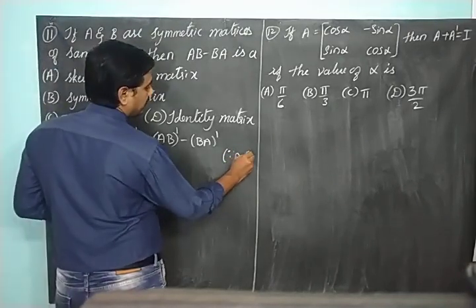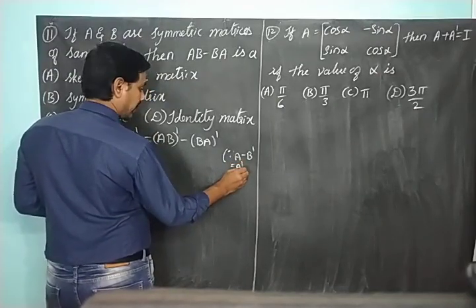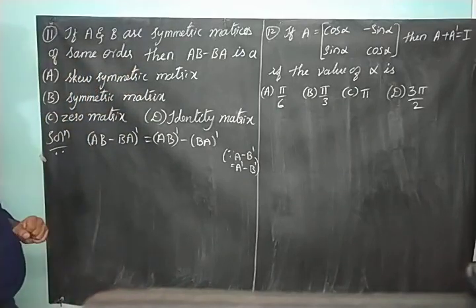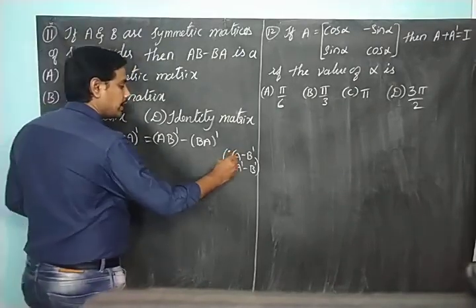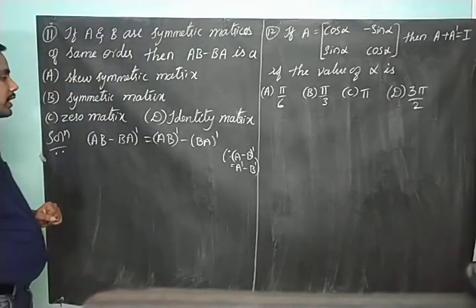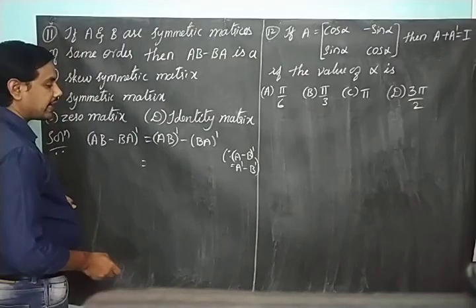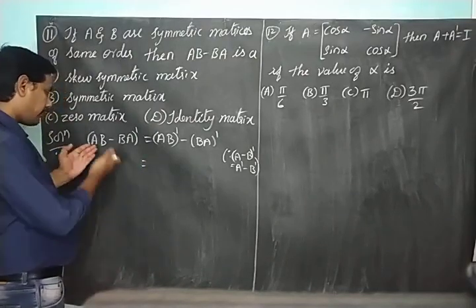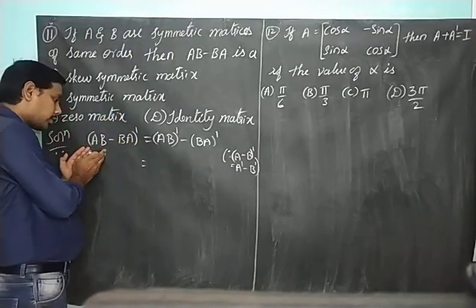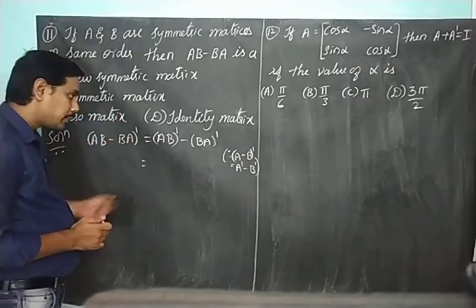Because (A minus B) transpose is equal to A transpose minus B transpose, right? Now, what is (AB) whole transpose? From this step we have written that (AB minus BA) whole transpose is equal to (AB) transpose minus (BA) transpose. Now what is (AB) whole transpose?